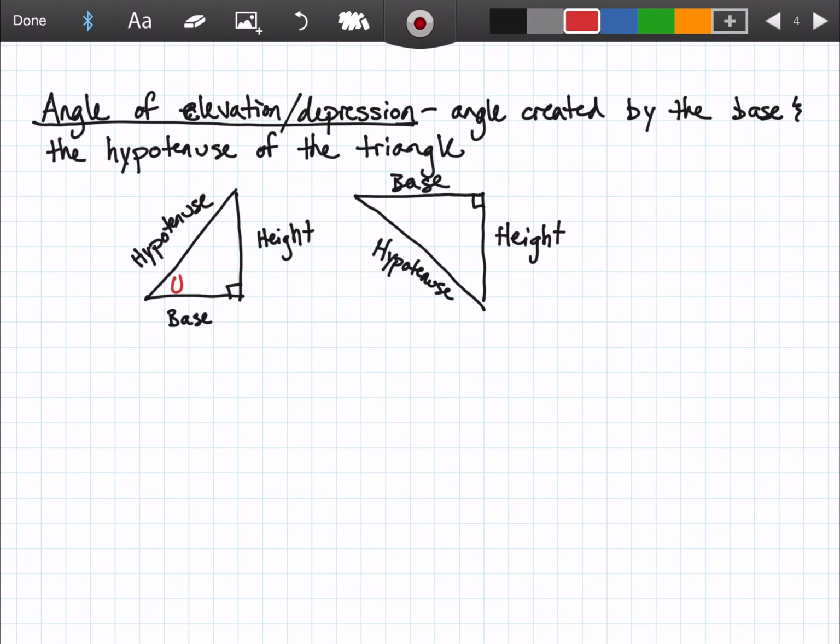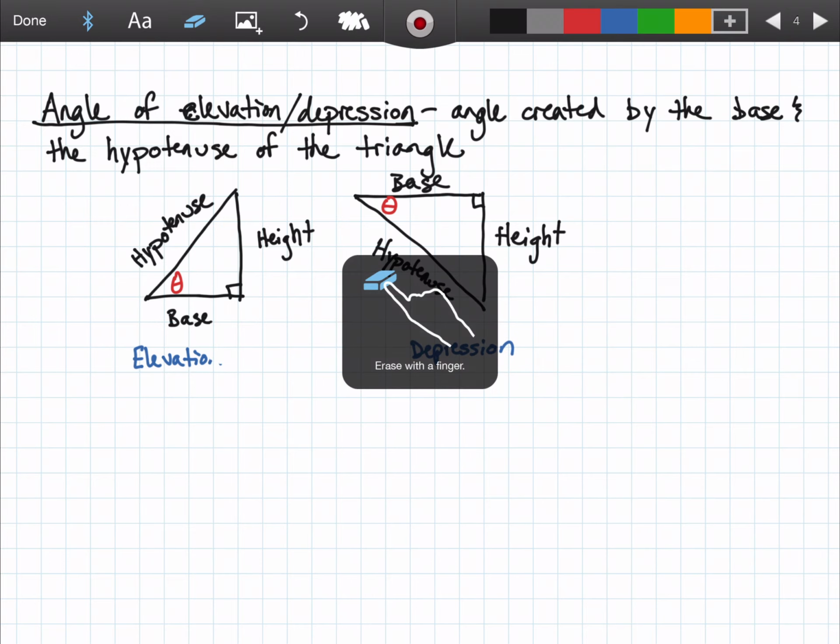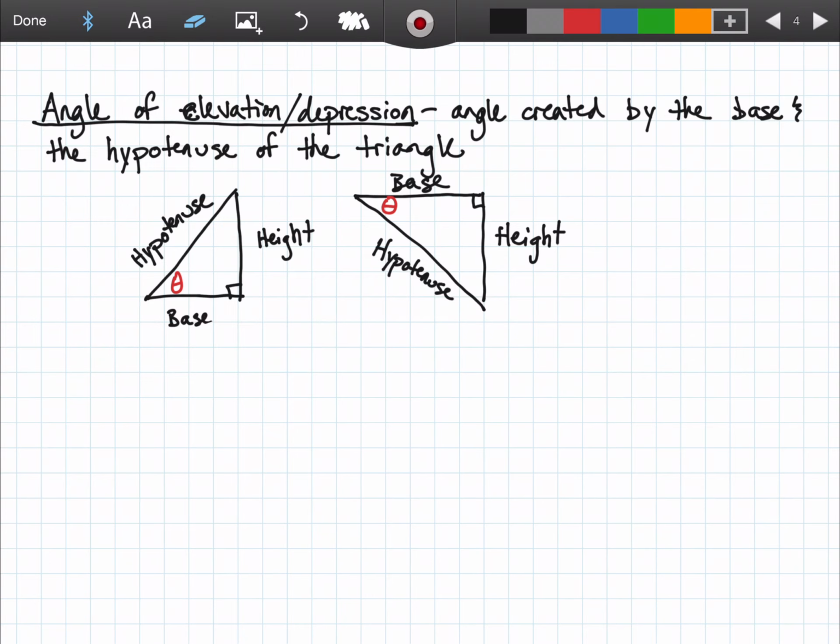The base and the hypotenuse. There you go. And if you wanted to get specific, a lot of the times we'll call this one elevation and this one depression. But honestly, I don't even want you to think about that because I just want you to think about it's the angle created by the base and the hypotenuse.